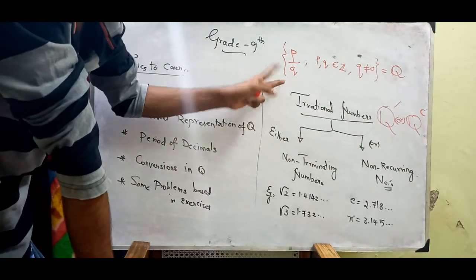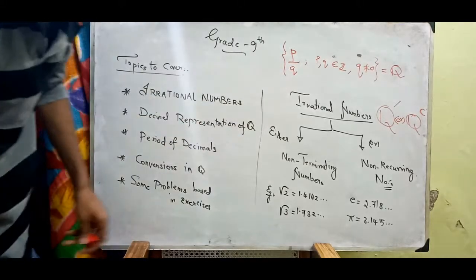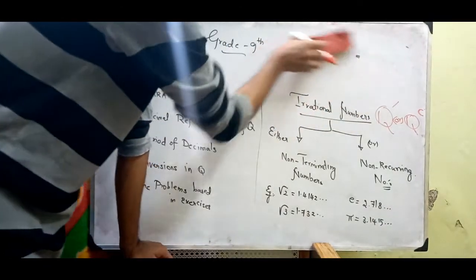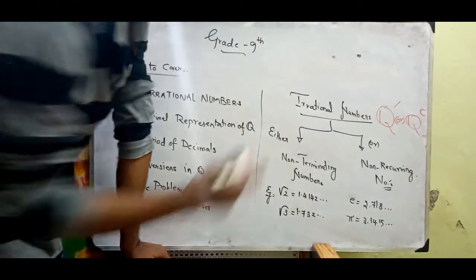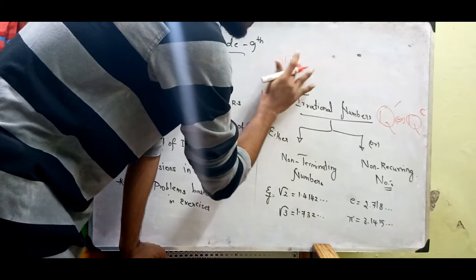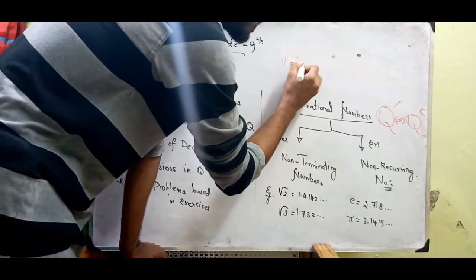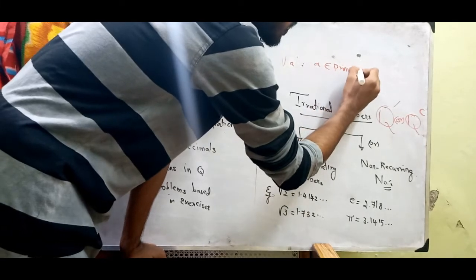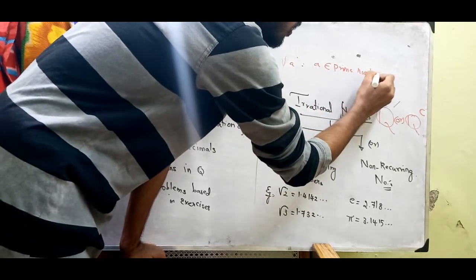Got it? So we don't have such forms like rationals, but we do have some properties we can mention, like root of a such that a belongs to the prime numbers.